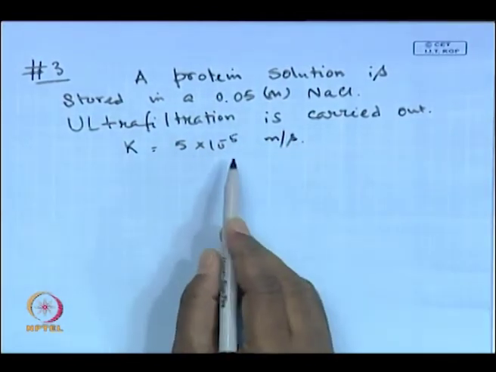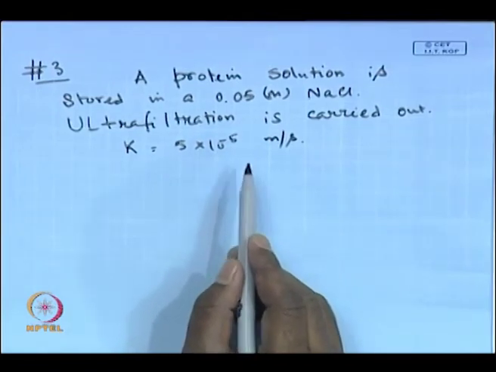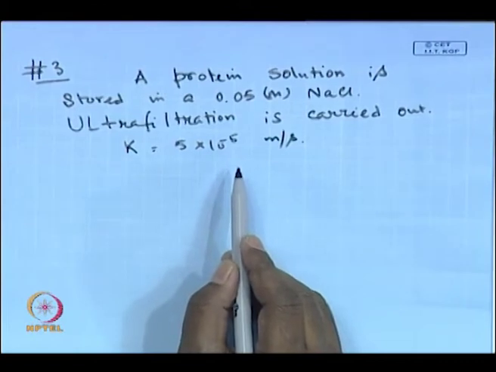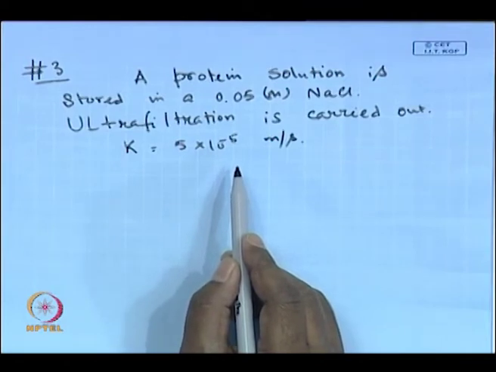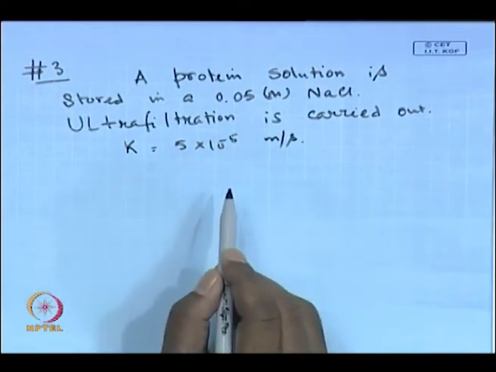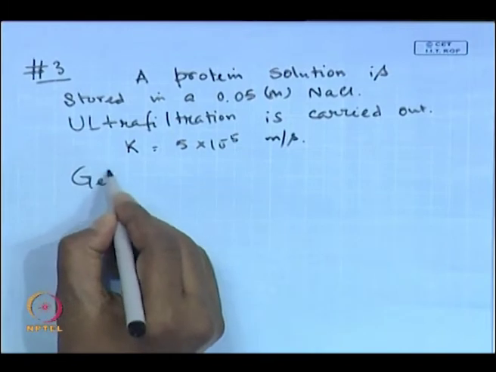That means, if you know the flow geometry, and if you know the velocity or the flow rate, you can calculate the basic parameters, and from the Reynolds number, you can select the appropriate Sherwood number relationship, and from there you can calculate the mass transfer coefficient. Now, in this particular problem, I have directly given the value of the mass transfer coefficient, okay, and it is gel layer control filtration.